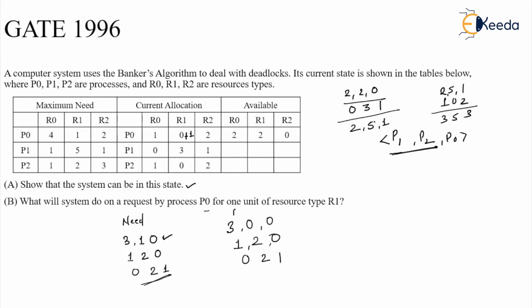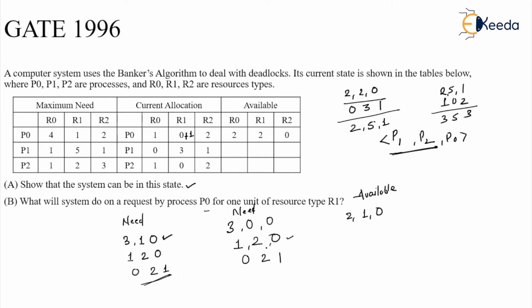This is the new need matrix, and availability now is 2, 1, 0. Now, can I satisfy any request in this case?